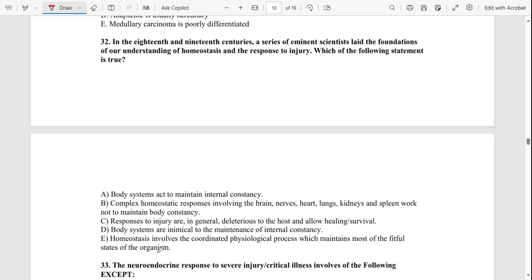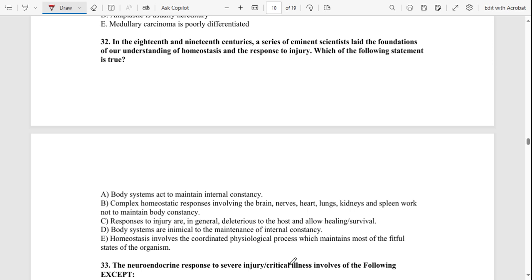Responses to injury are in general deleterious to the host and allow healing or survival. Body systems are inimical to the maintenance of internal constancy. Homeostasis involves a coordinated physiological process which maintains most of the steady states of the organism.